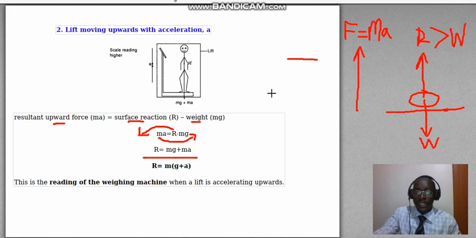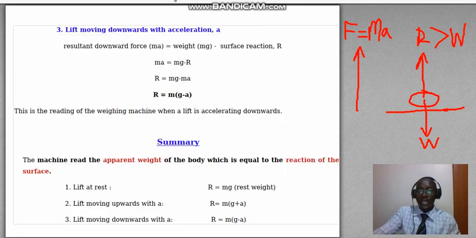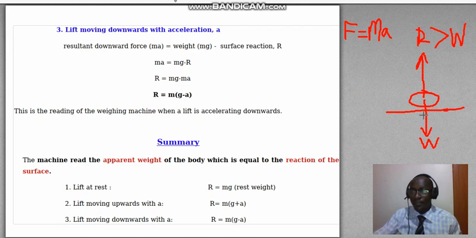Now, suppose the lift is moving downwards with an acceleration here. If the lift is accelerating downwards, that tells us something, that there must be a net downward force. So this force here is not now moving upwards.